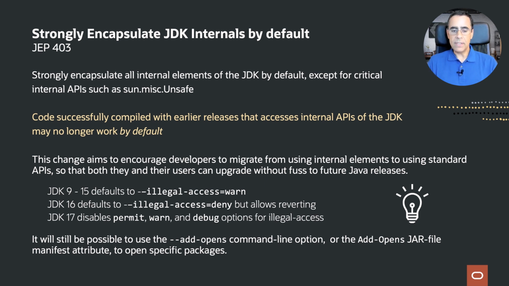With JDK 17, the single command option is gone. So if you insist on using internal APIs, you will have to open specific packages one by one with the add-opens command line option. Now that most libraries and developers will not be using internal APIs though, we are probably going to be more willing to change internal APIs with less warning. So please do not use them.